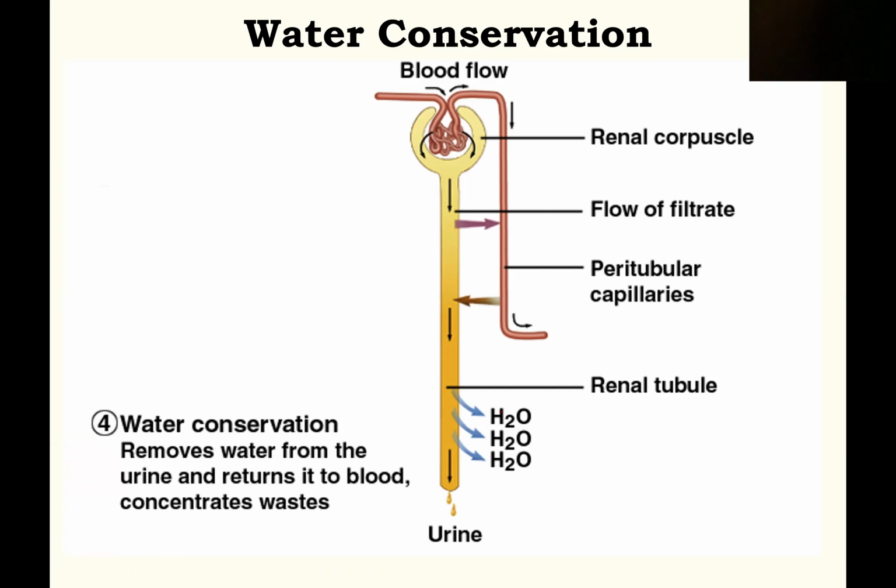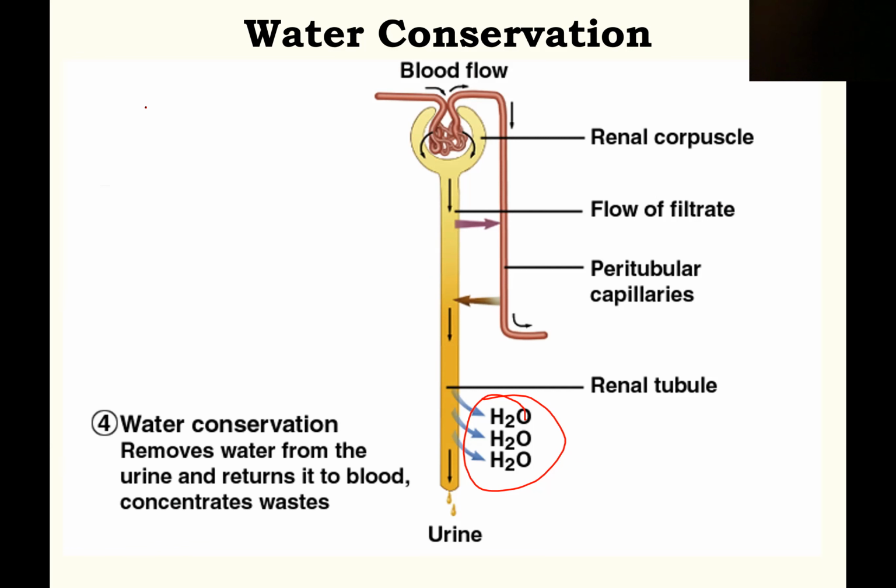So that's what we're seeing down here. We move it out of the renal tubules, mostly the collecting ducts, but it can happen through the other tubules, and moving it back into either the vasa recta or peritubular capillaries.